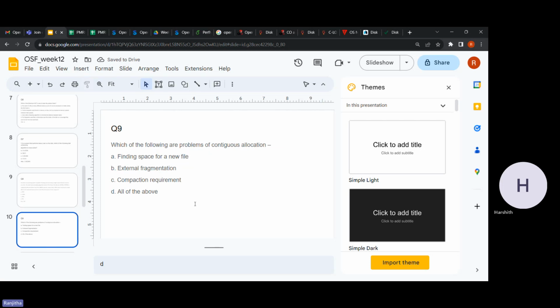Which of the following are problems of contiguous allocation? Finding space for a new file, external fragmentation, compaction requirement, or all of the above. If we want to go for contiguous allocation, we need to find a large enough space for a file.